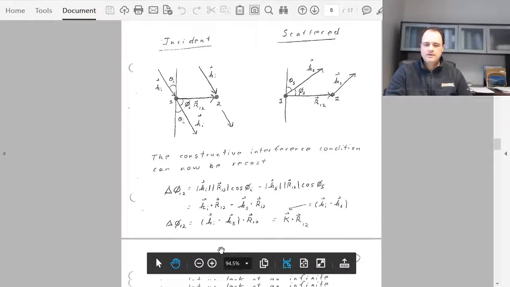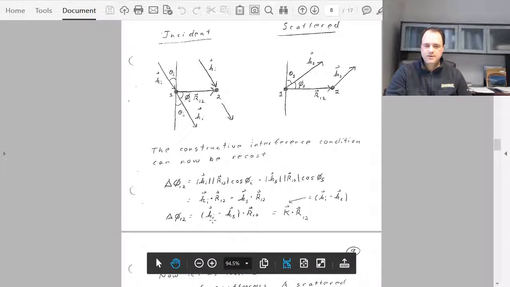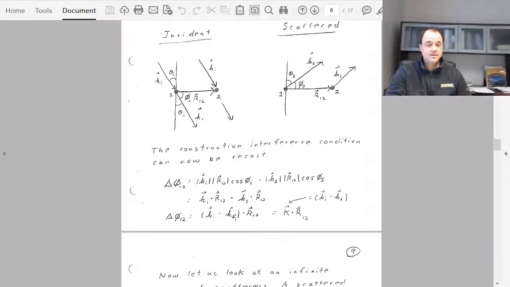And then we call this difference between k sub I and k sub s, k sub I minus k sub s, namely, we denote that as a capital K. This will be a very important vector. And so it's capital K, but always remember it is the difference between the incoming and outgoing wave vectors.